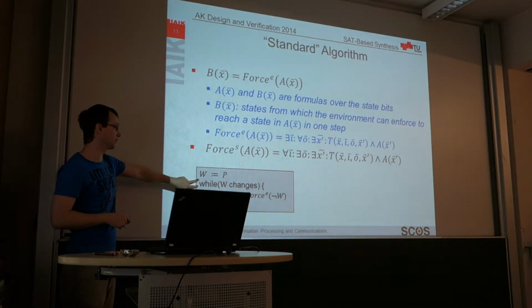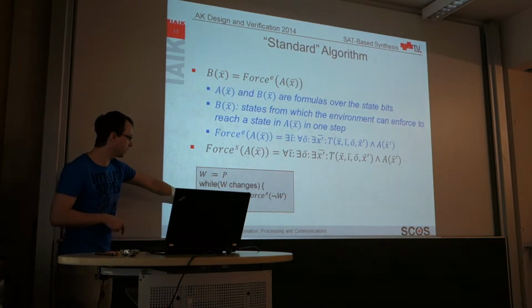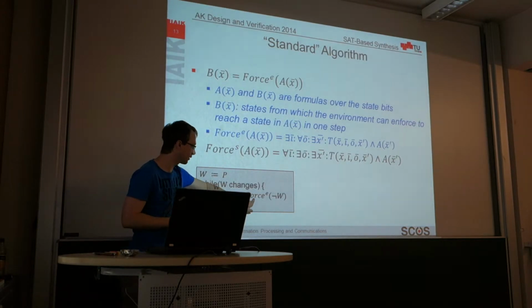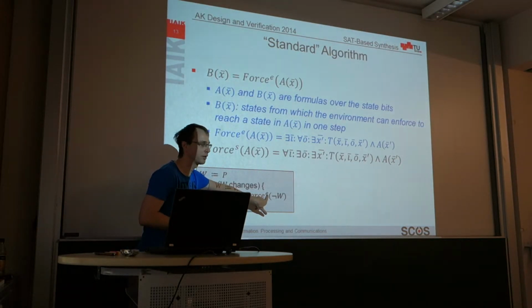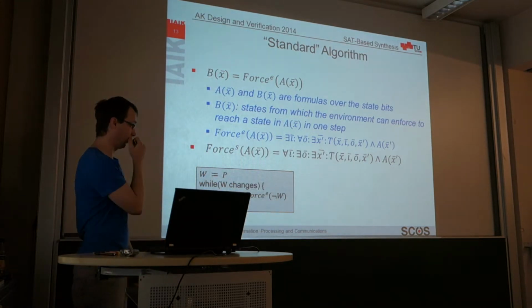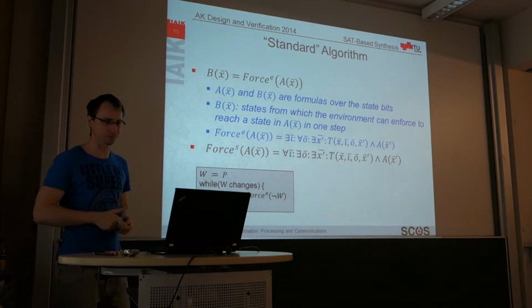Then, as long as the winning region changes, we say the next winning region is the old winning region without all the states from which the evil environment can enforce that we leave our winning region. This without is just and not, basically.